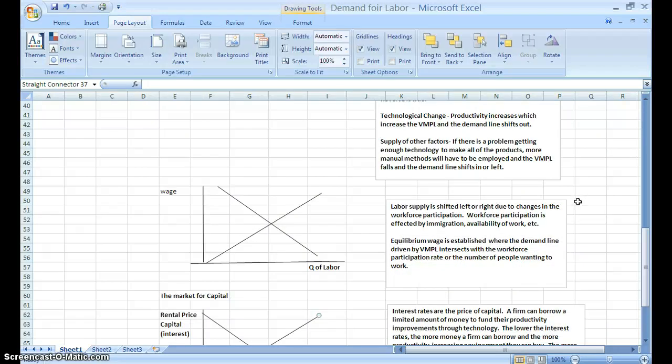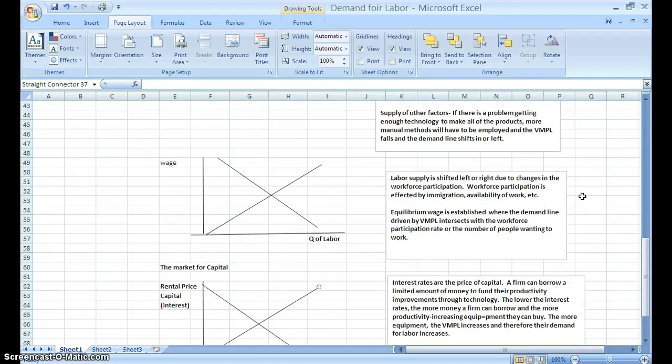So what about the labor supply? Well, the labor supply is really directly related to the workforce participation rate. There are only so many people in the country that want to go to work. They want to work. Some of them are working, and some of them, unfortunately, are not working. They want to, but they can't find a job.